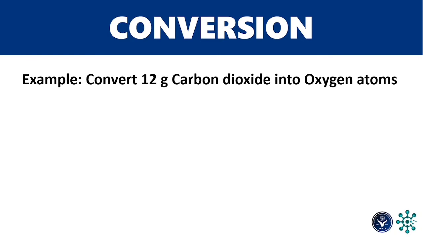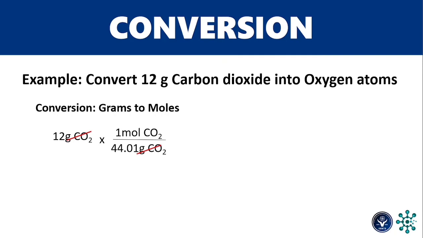Next, convert 12 grams of carbon dioxide into oxygen atoms. Like what I have said, we can extend the process to convert from grams to atoms. This kind of conversion is stepwise. This is the solution from the previous example. We will just extend this to convert from moles to atoms.